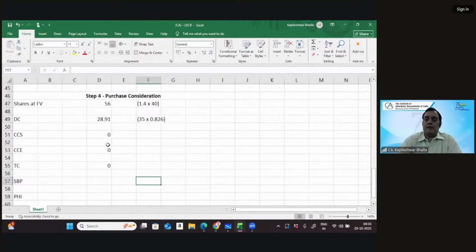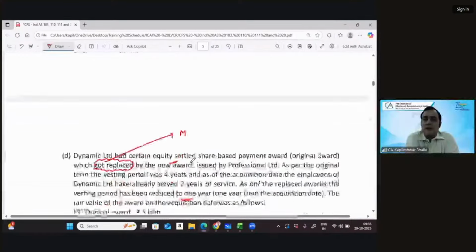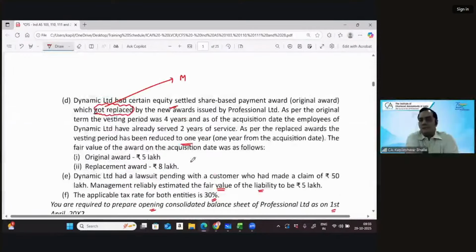Now we need the share-based payments, which is in point number D. It says Dynamic has certain equity-settled share-based payment awards, which got replaced by new awards by professional. As per the original terms, the period is 4 years, and on the acquisition date they've already served 2 years.